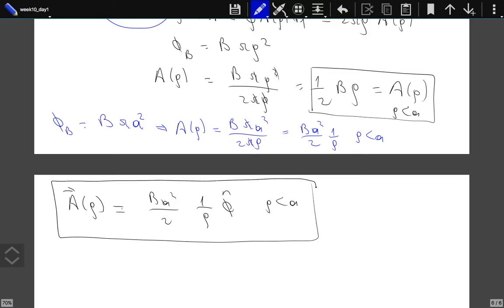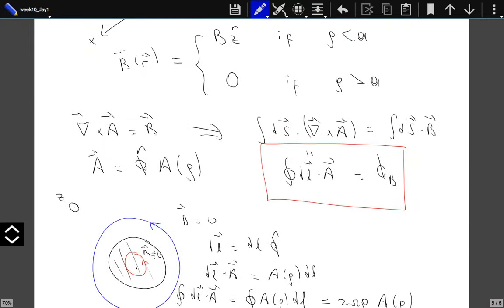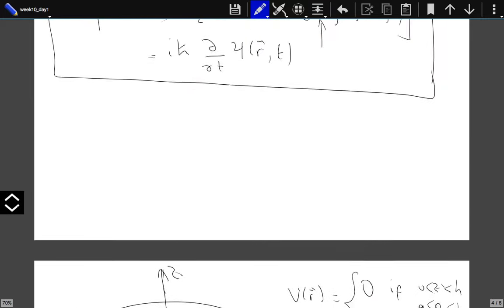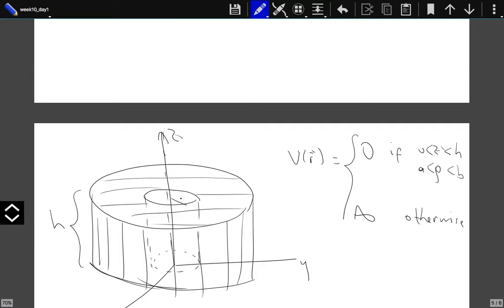No, sorry, this is for rho larger than a. Or in the original problem, this is a, this is b. The inner radius is a, the outer radius is b.